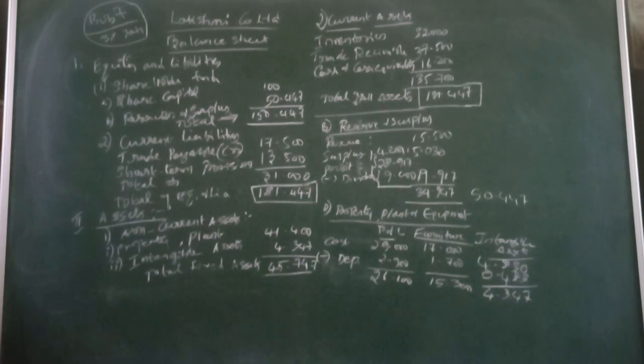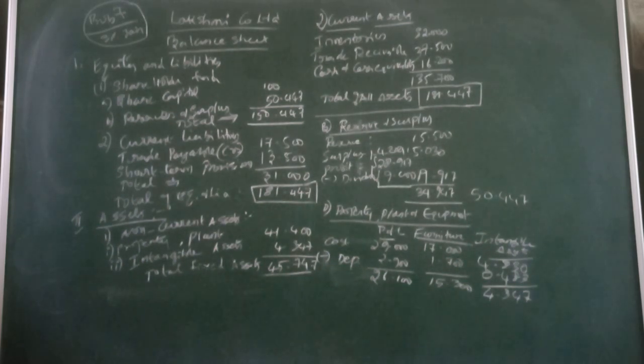Then part 2 of the asset side of the balance sheet is current assets, with the various information given in the question. All those current assets are entered here under the name current assets: inventories, that is stock, trade receivables or accounts receivable, cash and cash equivalents, cash balance, bank balance.